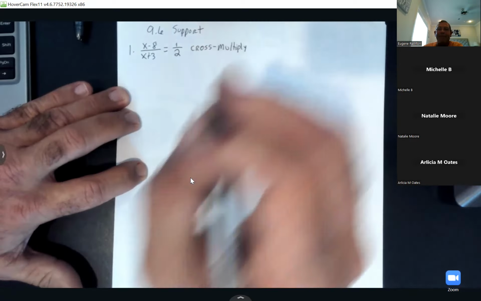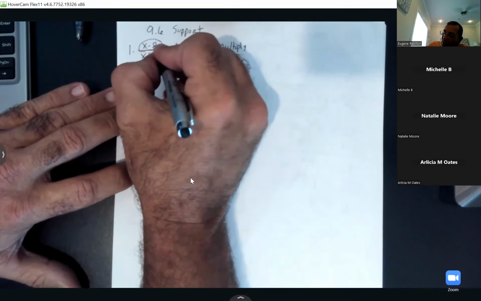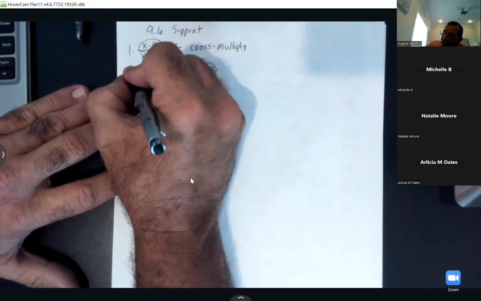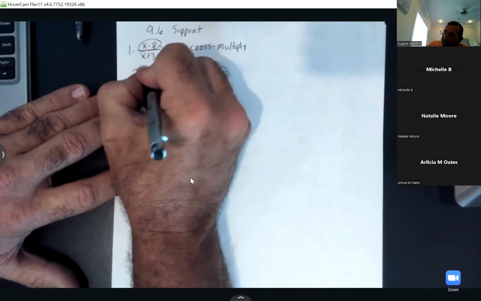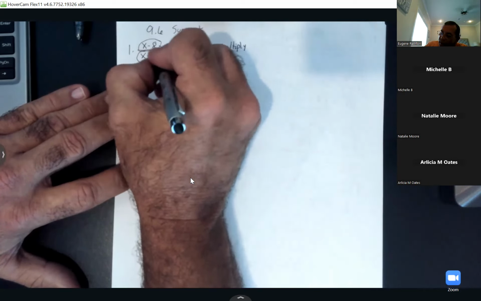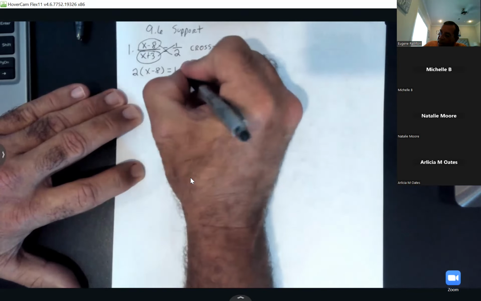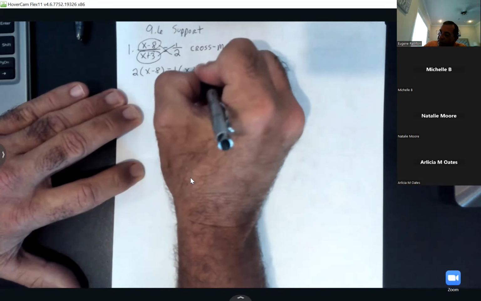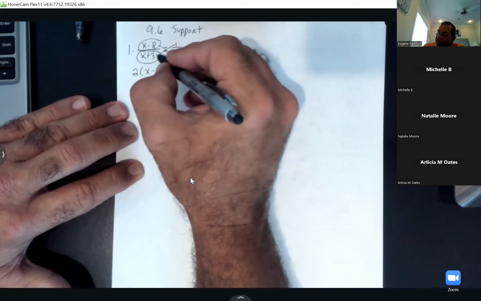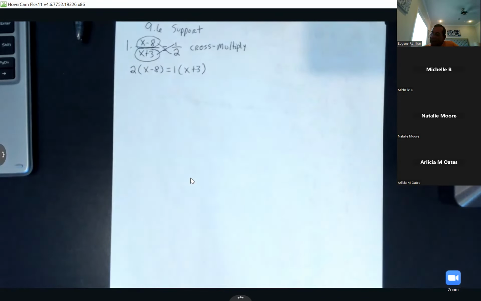So remember, this x minus 8 is going to multiply times the 2. So that's going to be 2 times x minus 8. That's going to equal this bottom times that top. So that's basically 1 times x plus 3. So see how it makes an x or a cross in the middle? That's why they call it that.